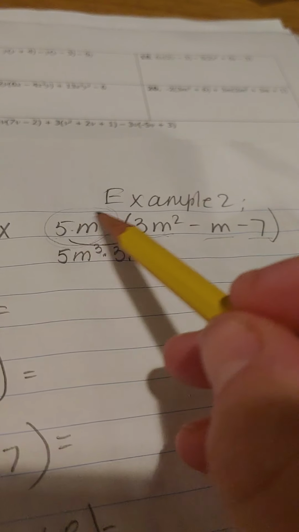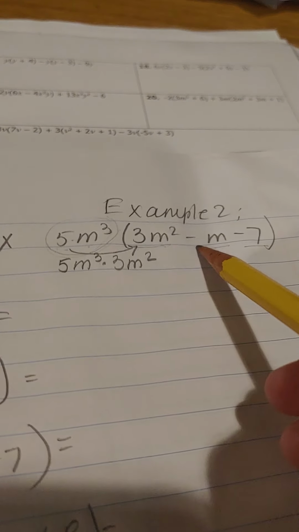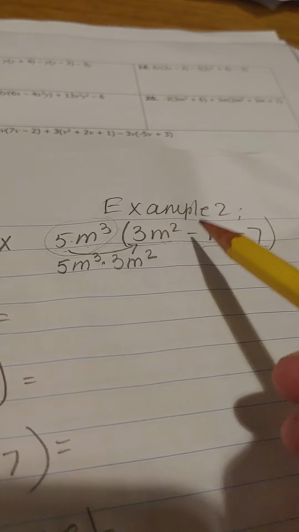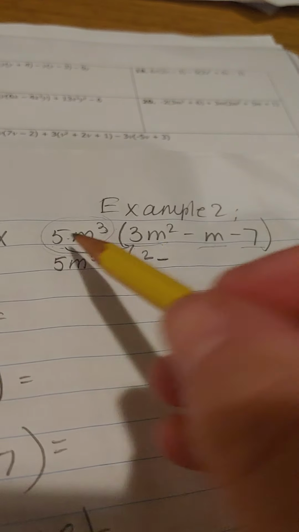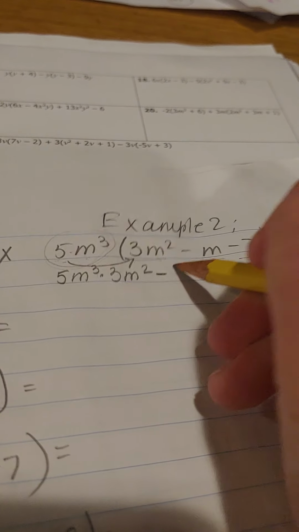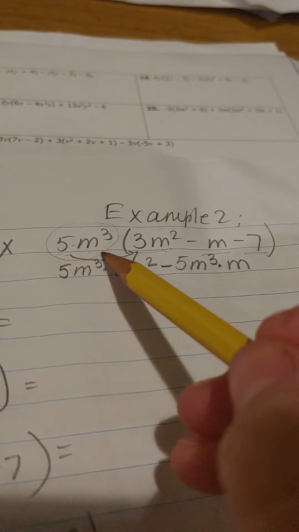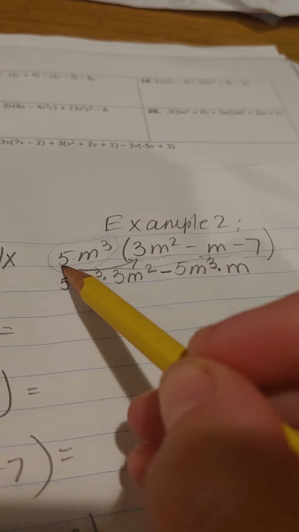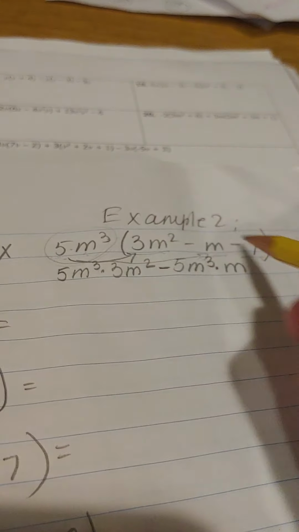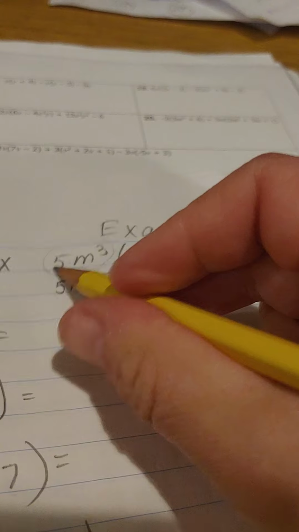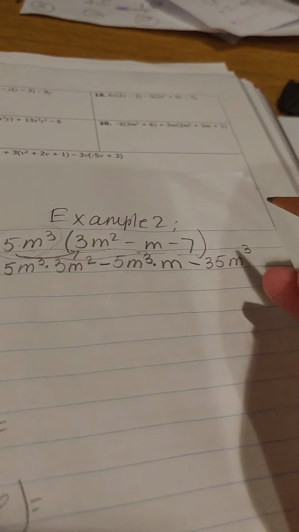Now we have to multiply 5m to the third power times negative m. Positive times negative is negative, so our result is negative 5m to the third power times m. And then finally, we have to multiply 5m to the third power times negative 7. Positive times negative is negative. 5 times 7 is 35 m to the third power.